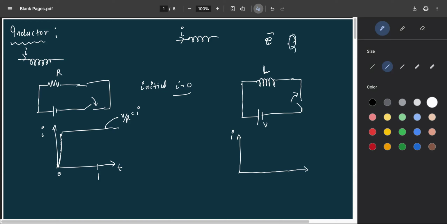It means at this moment there is a change in magnetic field: initially zero, finally some value. This change is very high, so it is going to generate an opposing electric field, which will generate some current from this side. So this is going to get cancelled.